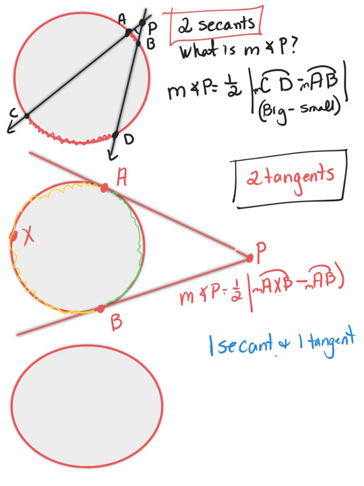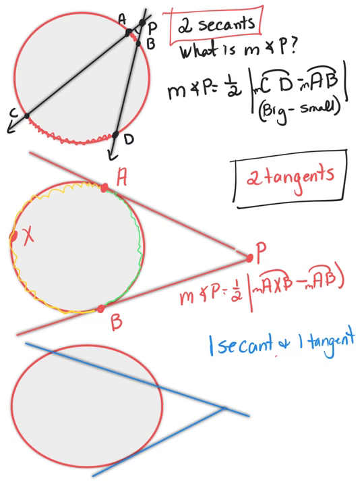So let's put those on. Let's come up with a secant line. Okay, a secant is a line that contains a chord. And now a tangent line touches our circle at just one place.